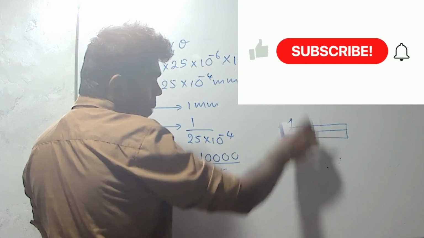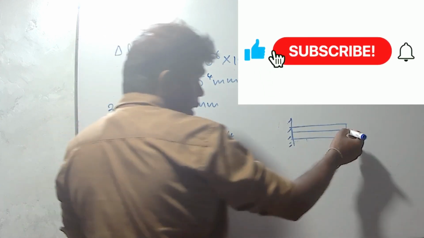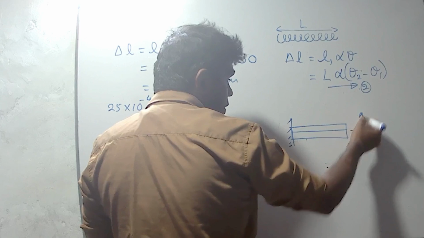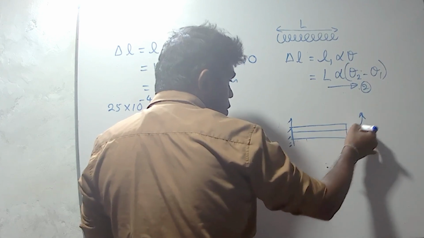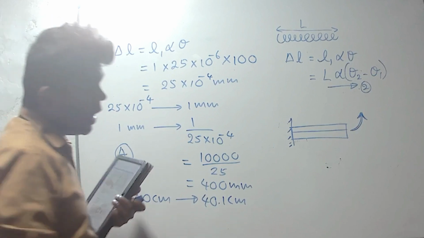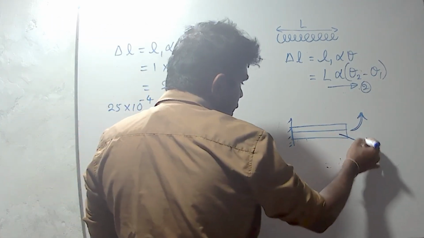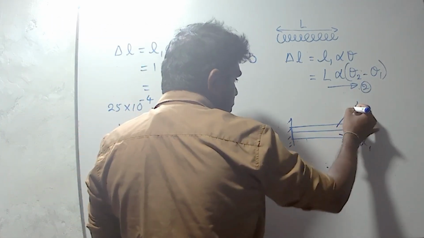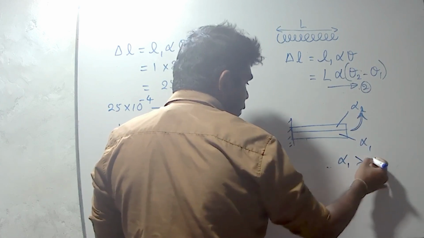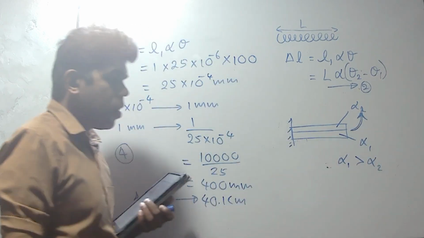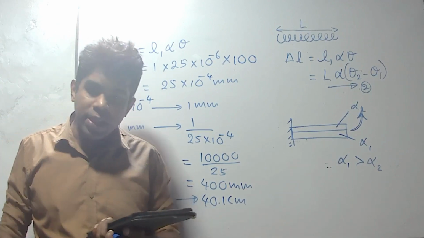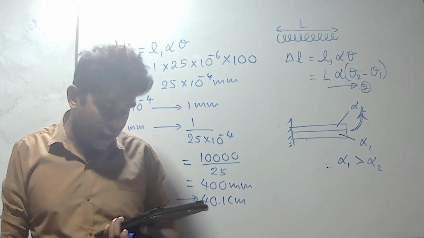This one is the clamped end. Then with increasing temperature, it should bend upward. It means the linear expansivity of this material, alpha 1, should be greater than alpha 2. We can compare linear expansivity by using the gradient of the given graph.